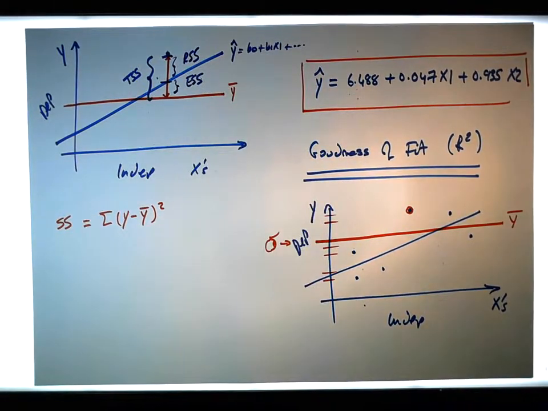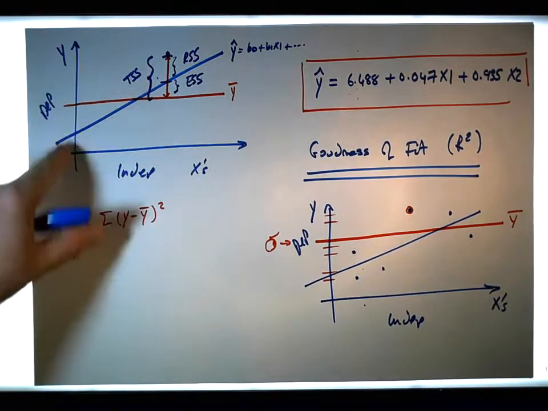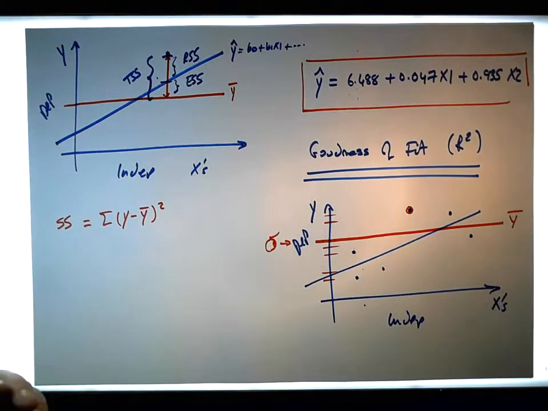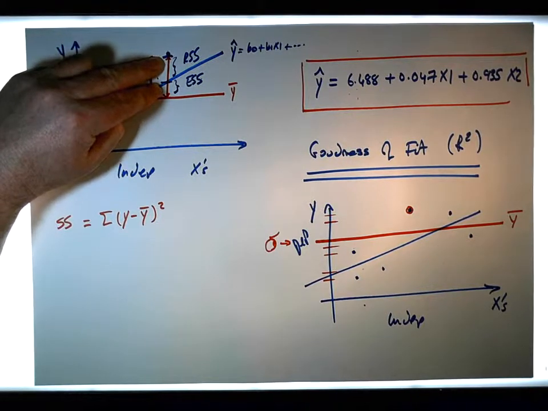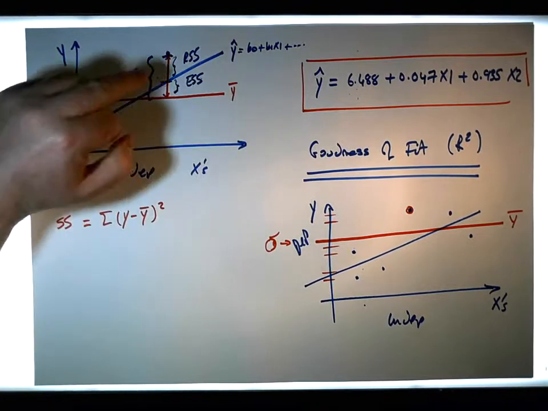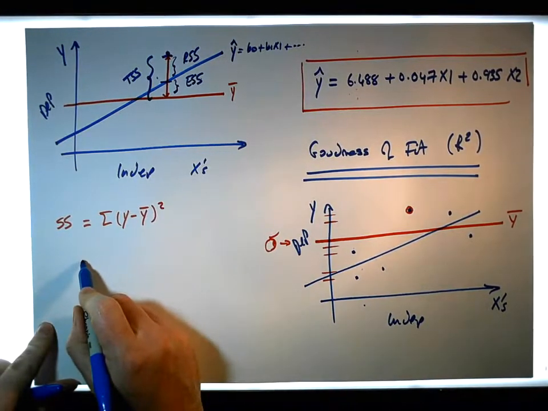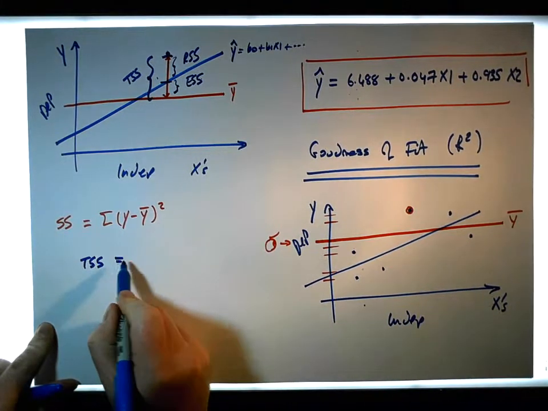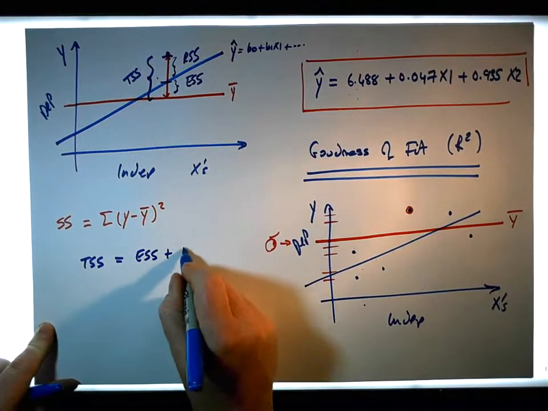My point being that the total sum of squares in the dependent variable can be broken up into two different types of sums of squares: the estimated sum of squares that the model gives us, and also the residual sum of squares. So effectively the total sum of squares is equal to the estimated sum of squares plus the residual sum of squares.